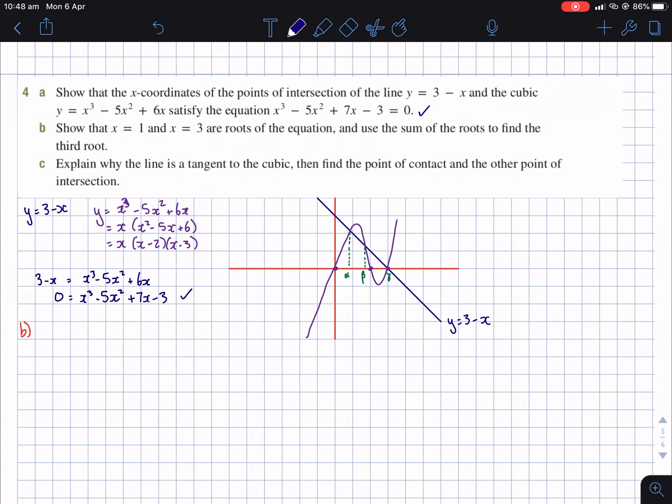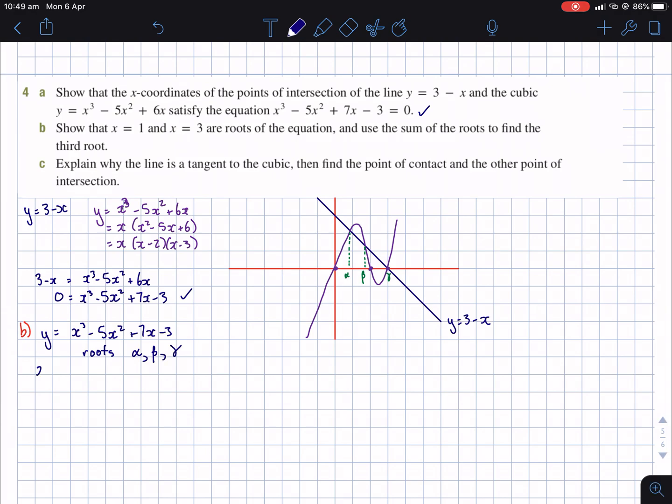Okay. For B, we want to show that x equals 1 and x equals 3 are roots of the equation. So we know y equals x cubed take 5x squared plus 7x take 3, and it has roots alpha, beta, gamma, yeah?